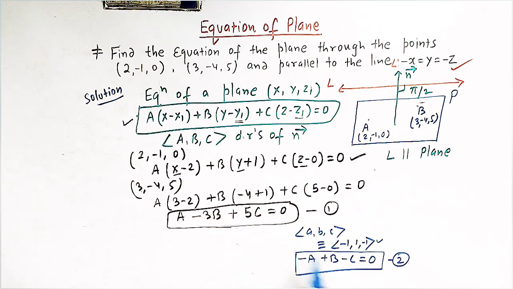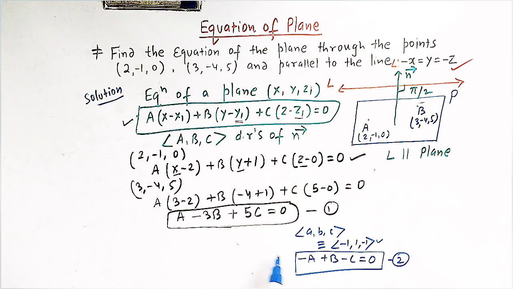So now we have two equations and three variables, that is a, b and c. Whenever we have this type of situation where the number of variables is greater than the number of equations, then we eliminate any one of the variables, right?